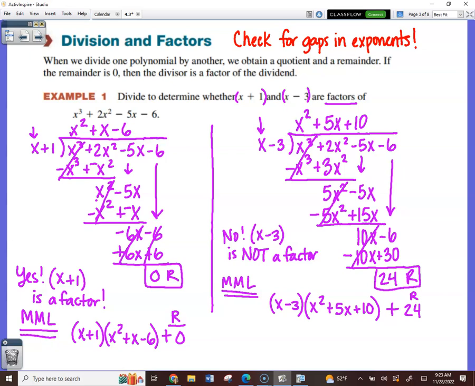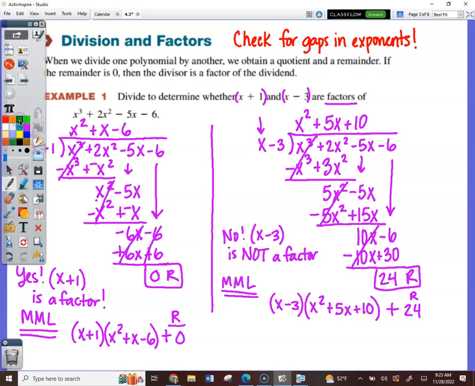Now, let's say you do this and you're really worried you got the wrong answer. Go back to what Mallory was saying at the very beginning. At the very beginning, what number could I have plugged into that polynomial to check and see if this was going to be pretty? I could have plugged -1 in, and I would have definitely gotten 0 since it ended up having no remainder, right?